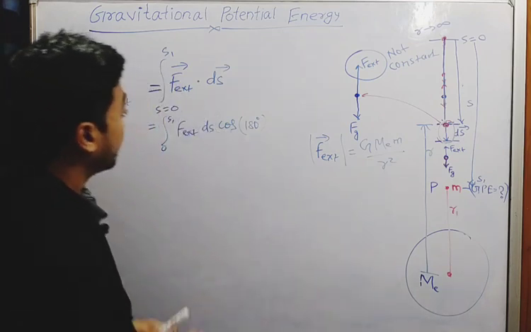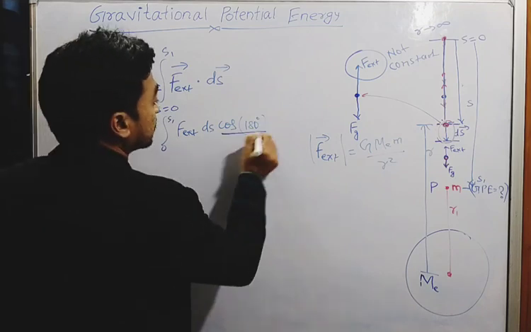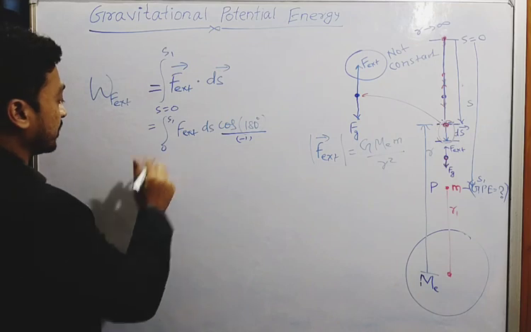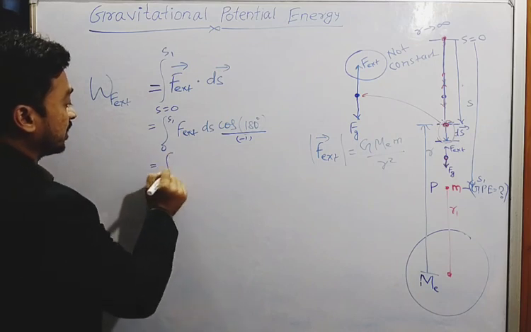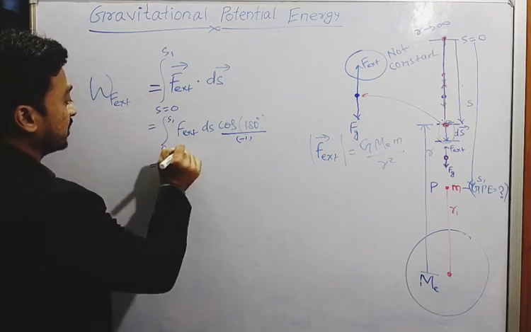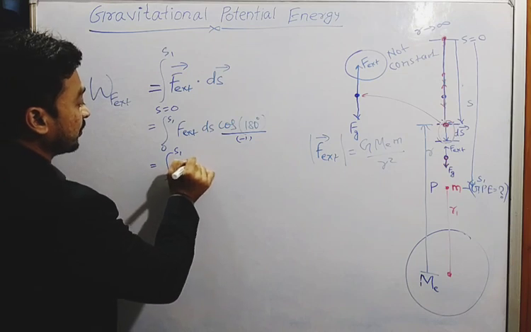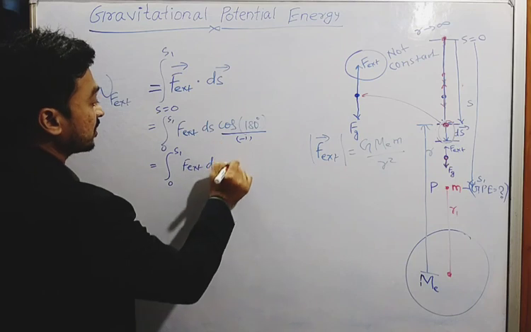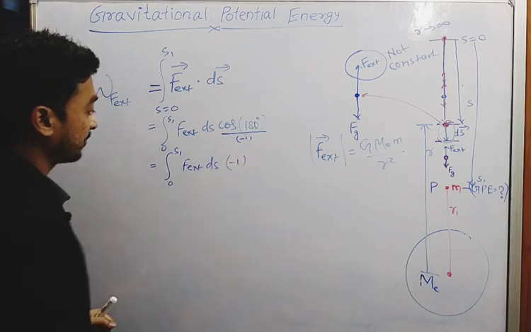Cos 180 degrees is equal to -1. So now again write it. Work done from 0 to s1, F external ds times -1.